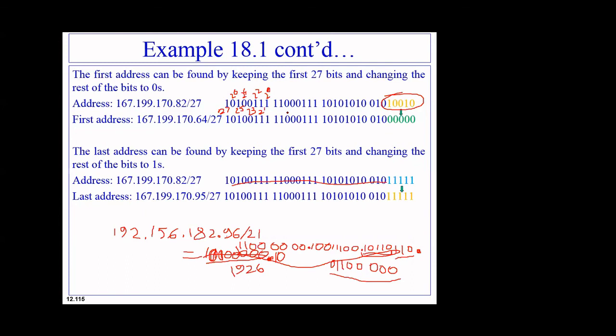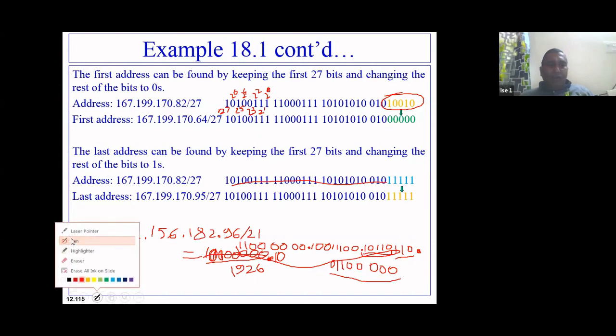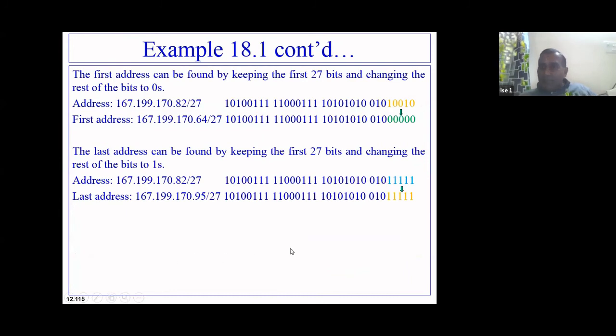Yes, sir. Okay, so we will stop our class here itself. Hopefully in the examination, this is how things are asked. You got the idea? You should be able to convert the entire thing properly.